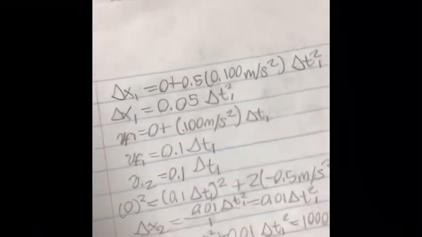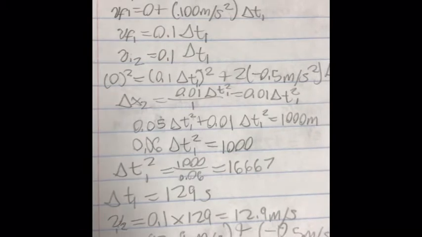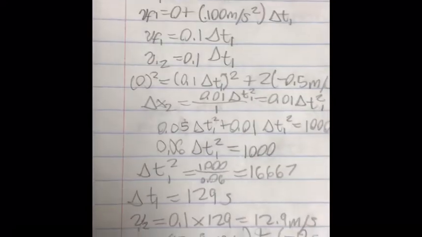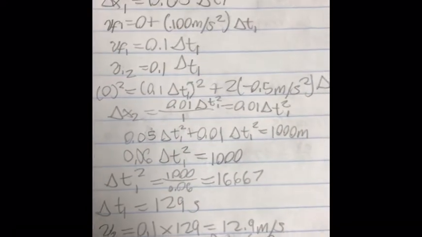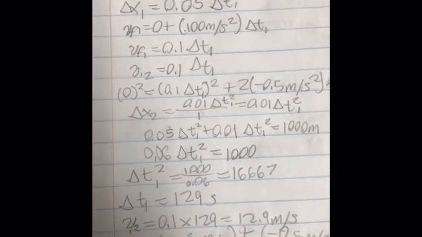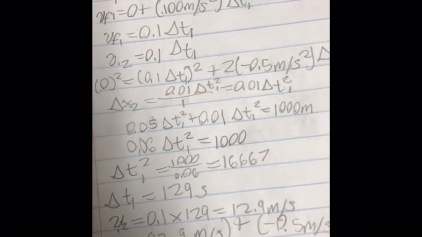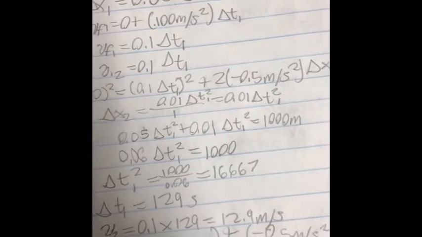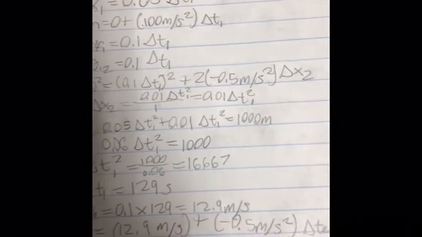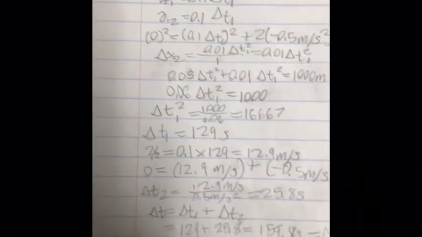So you have the change in position 1 and the velocity 2, and then you go to your third equation, where you got the velocity, and that equals the second velocity initial change in t plus the acceleration of 2 times change in x 2.